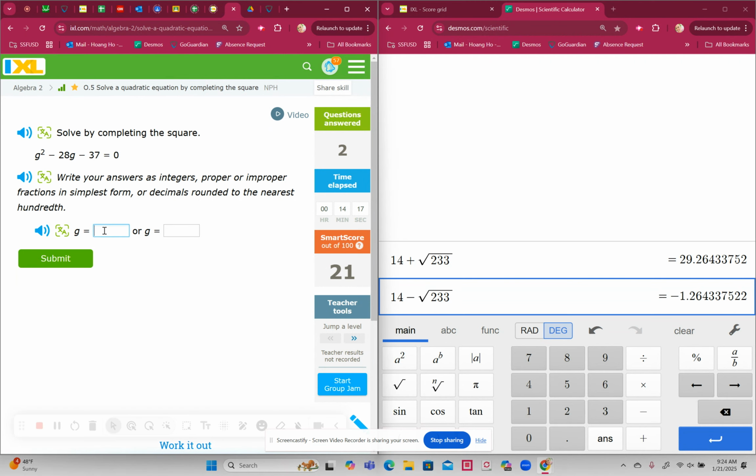Make sure you take decimal near to the hundred, to 2 decimal. So 29.26, the first one. The second one, subtract 1.26. That's it. Two answer, submit, voila.